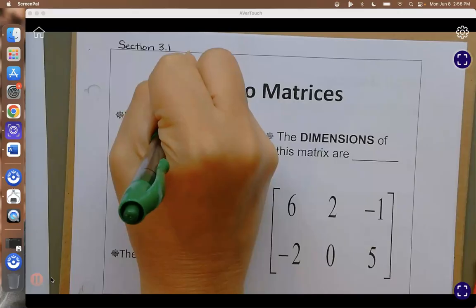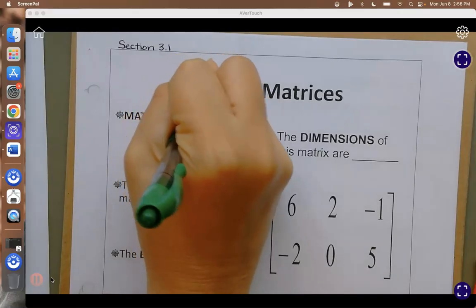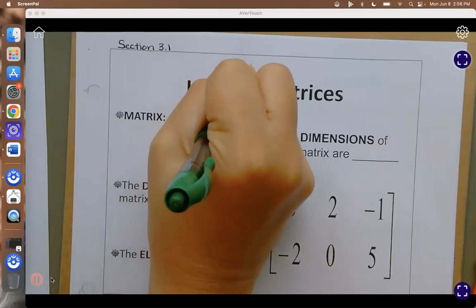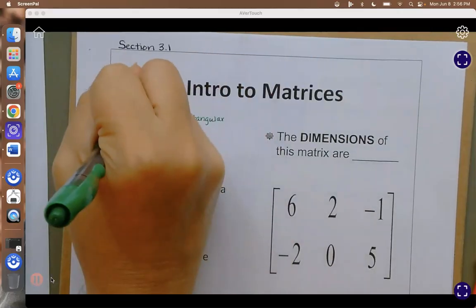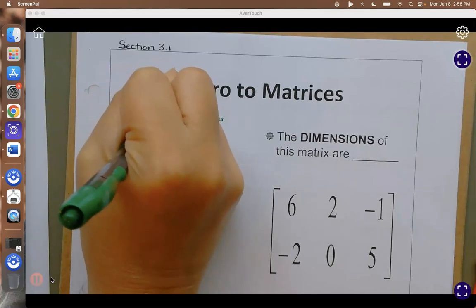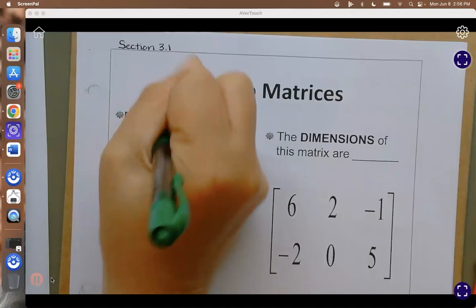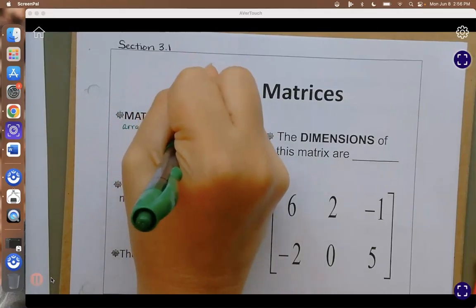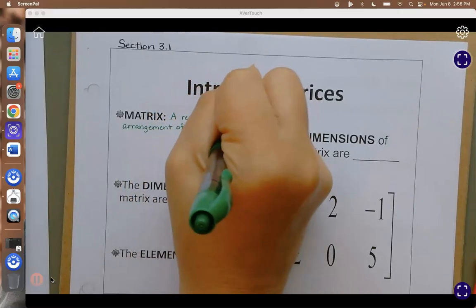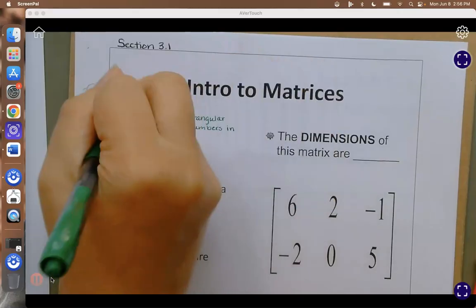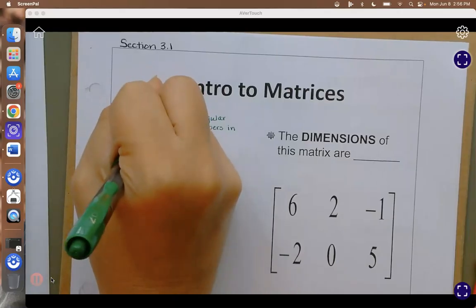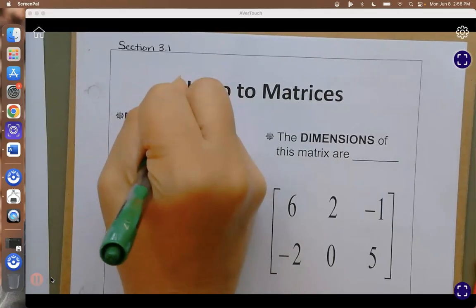So a matrix is a rectangular arrangement of numbers in rows and columns.